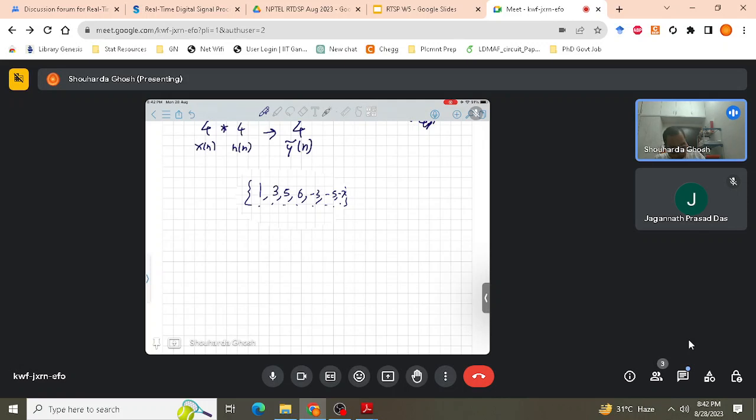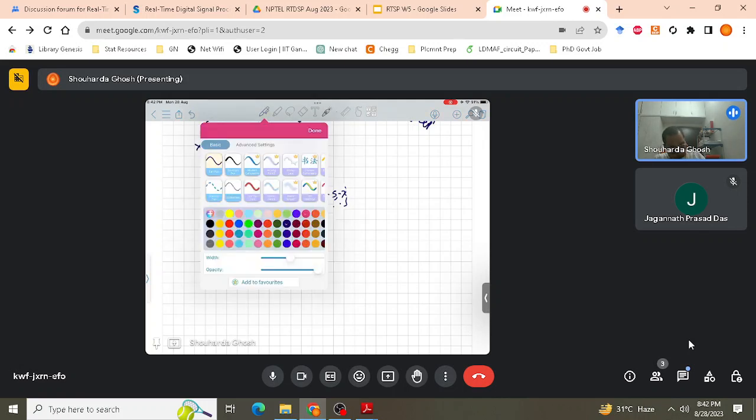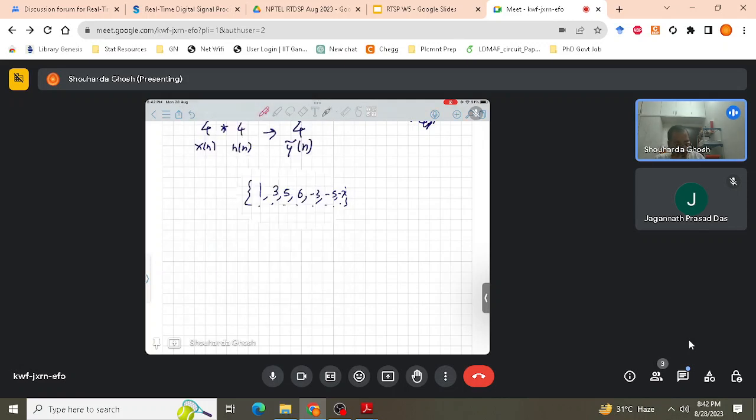Now what will we do in order to find the 4-point convolution? We break this block into groups of 4. Here is a group of 4, so we write here 1 3 5 6. But then now what happens? This remaining block, sorry, I missed a minus sign, will overlap with this.